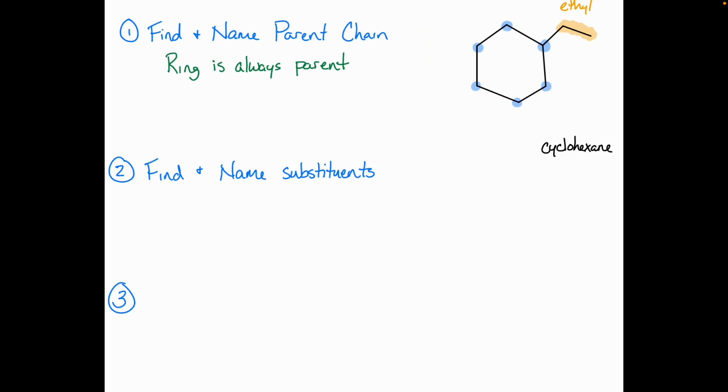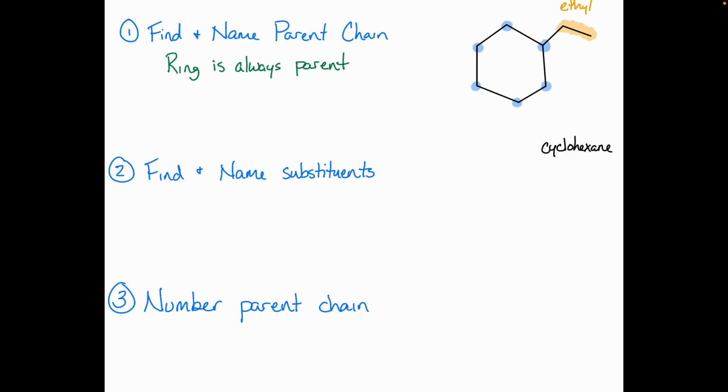The numbering. So now we've got to number our parent chain. And this is where we see a big difference from our straight chain alkanes. In our straight chains, we had one of 2 ways to do it, front to back or back to front, and we just had to make a judgment call on which one. For a ring, there's no logical starting or ending point.